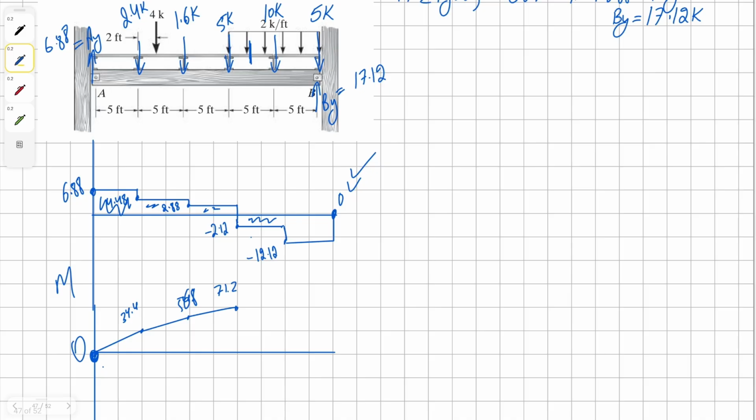Take away 71.2 takes us to 60.6. And it's again a first order curve. And then the next area is negative as well, and it's going to be negative 12.12 times 5, which is 60.6 negative, and this brings us to 0.